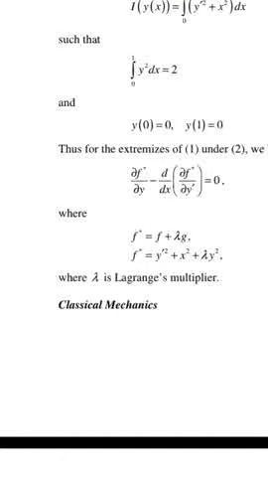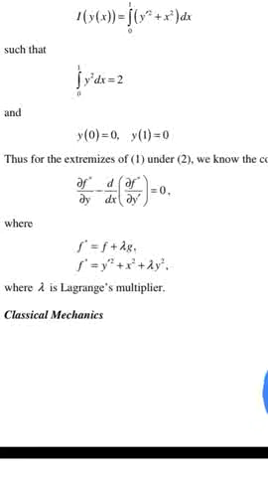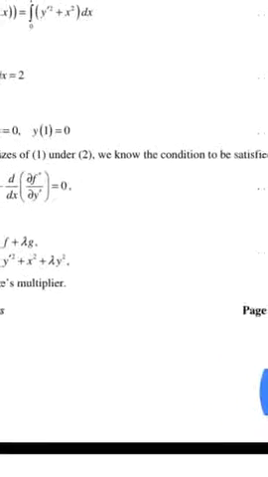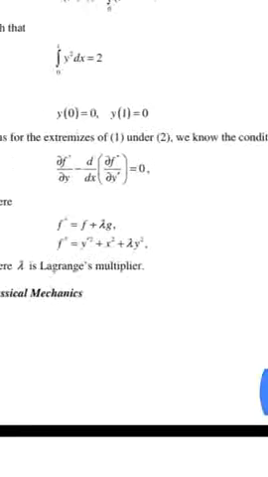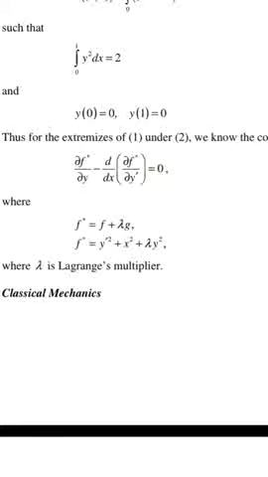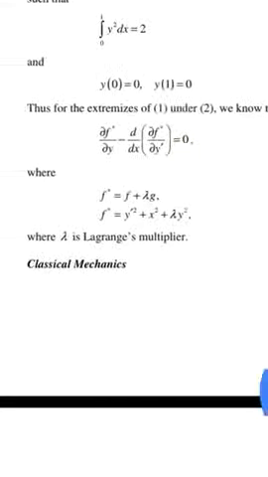Thus, for the extremization of 1 under 2, we know that the condition satisfied is del f star by del y minus d by dx of del f star by del y dash is equal to 0, where f star is equal to f plus lambda g.